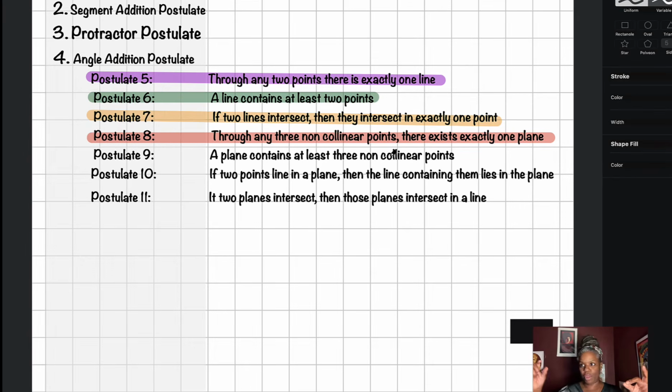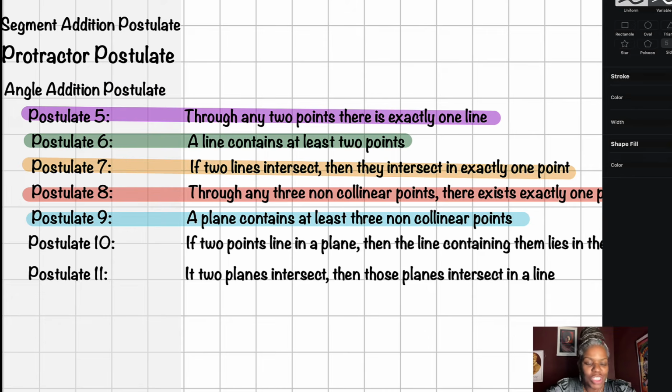So if you took 3 points anywhere, as long as they're not collinear, not in a straight line, there's exactly one plane that can slice through all 3 of those points. Postulate 9 states that a plane contains at least 3 non-collinear points. So if you have a plane, on that plane, there's at least 3 points that are not collinear.